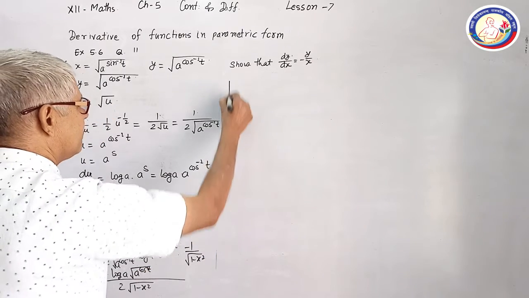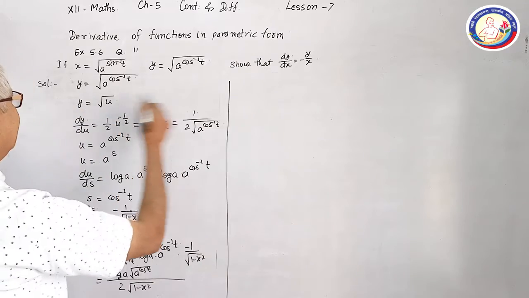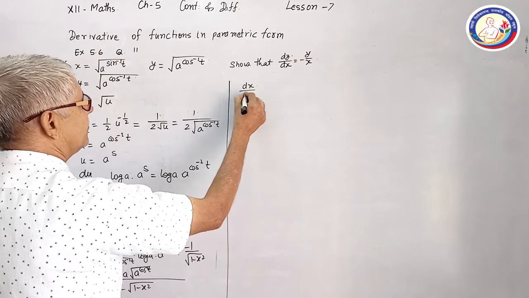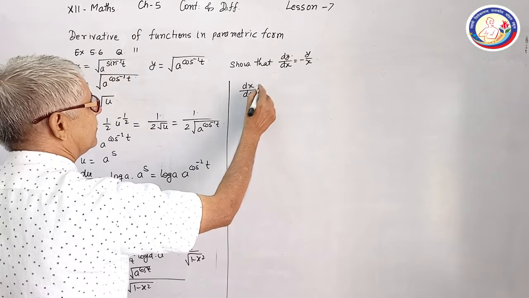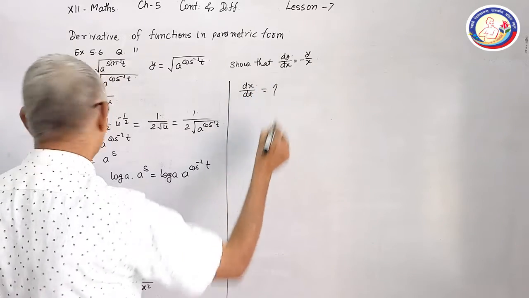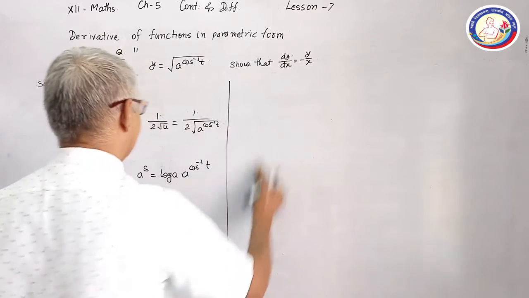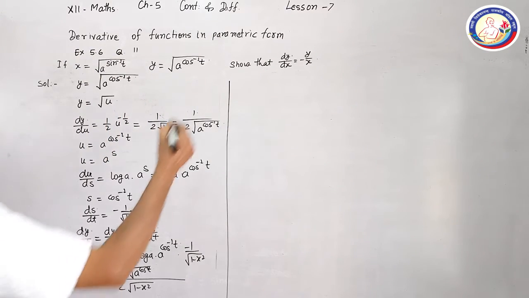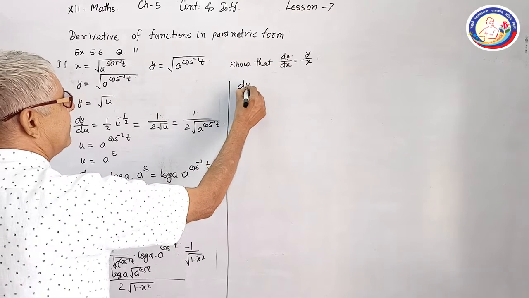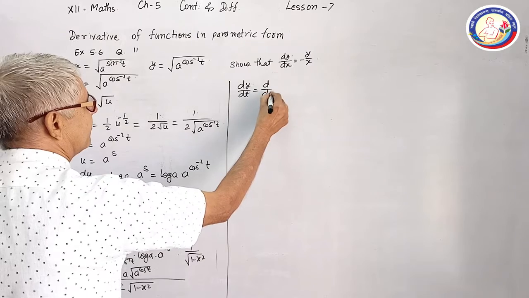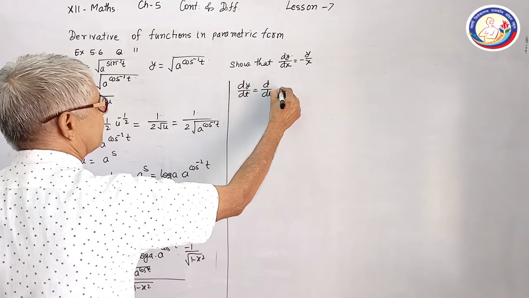Similarly, if we find the derivative of x with respect to t, in the similar pattern, I am writing it directly, dx by dt equals the derivative of this function.